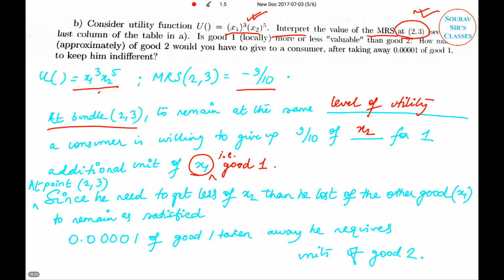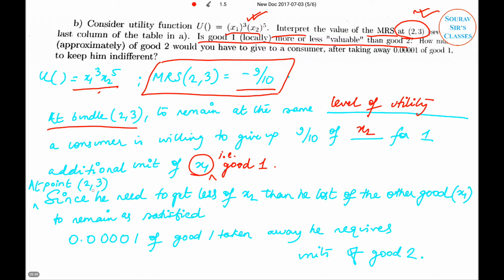Now next they have asked, is good 1 more or less valuable than good 2? Now the answer to this particular question lies in the marginal rate of substitution itself. Okay, so we know that the marginal rate of substitution is minus 9 by 10.